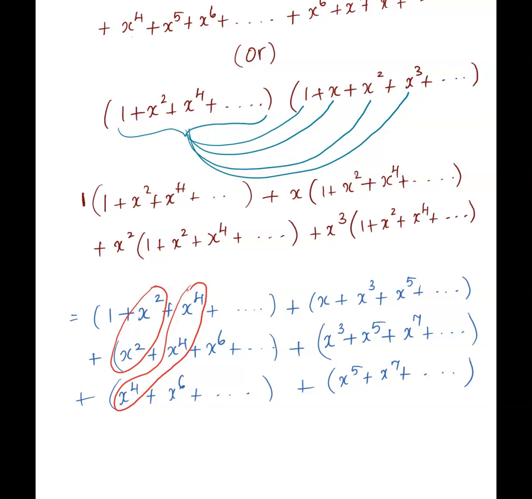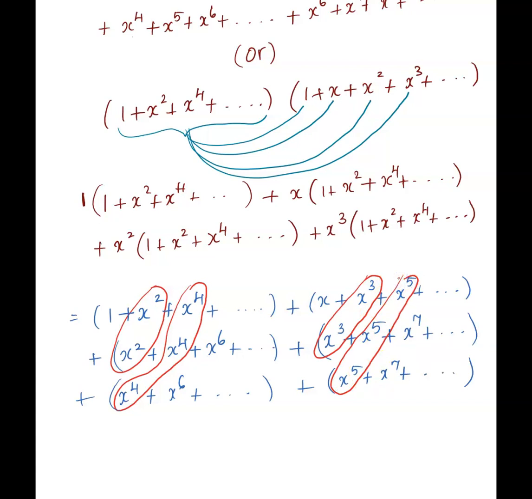The next term would be x power 7, right? I would say x power 6. Okay. And likewise, if you look at the x cubed, I have 2x cubed there. And I have 3x power 5 there.